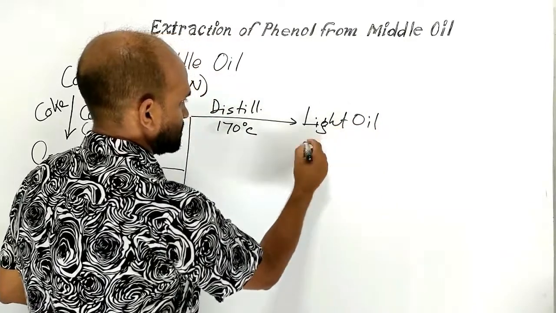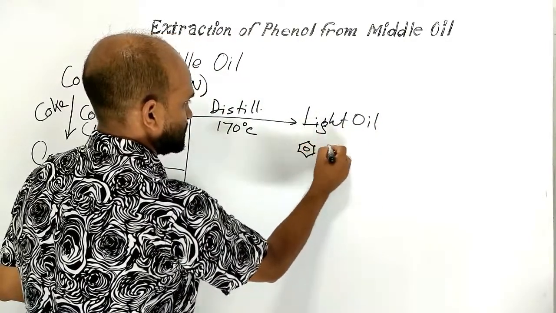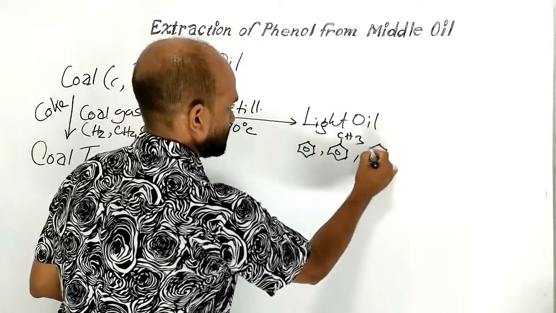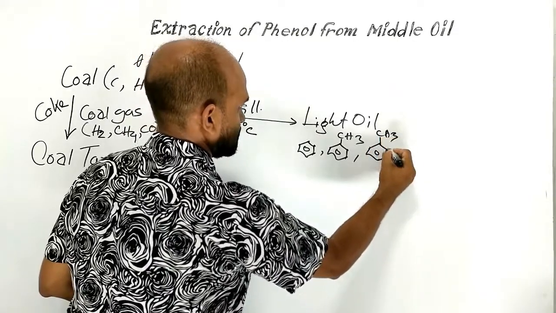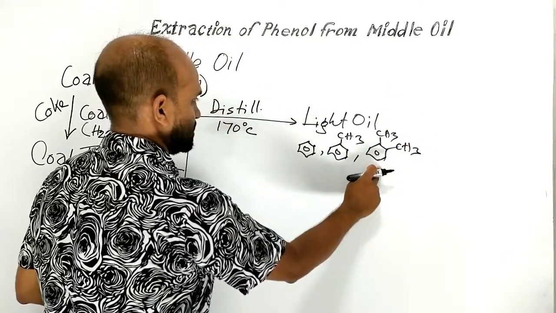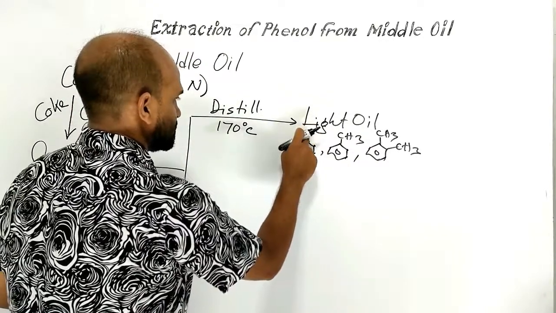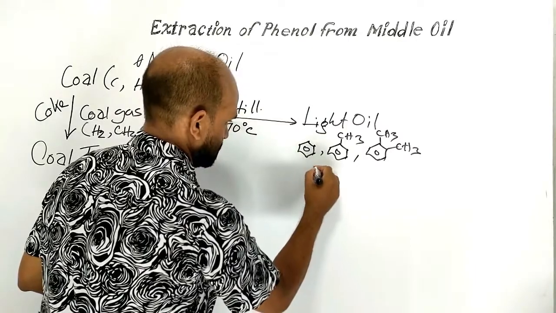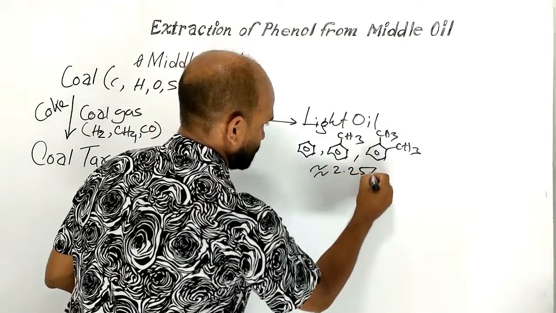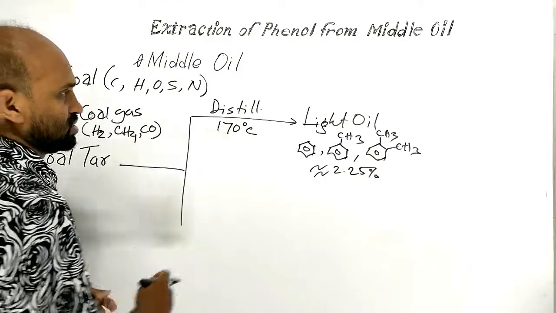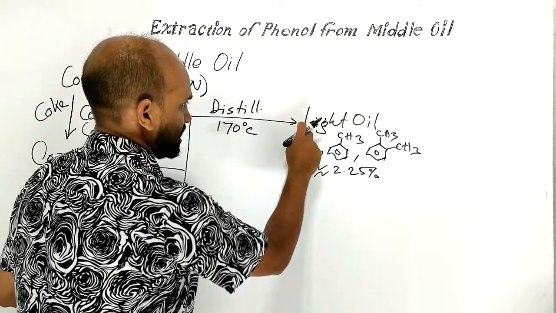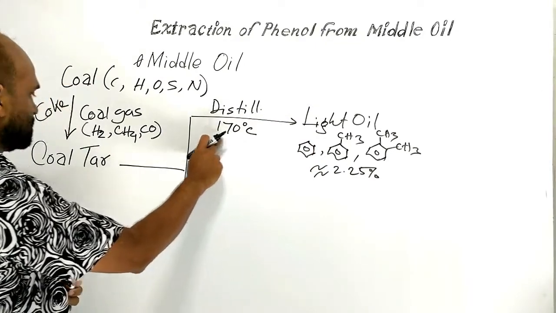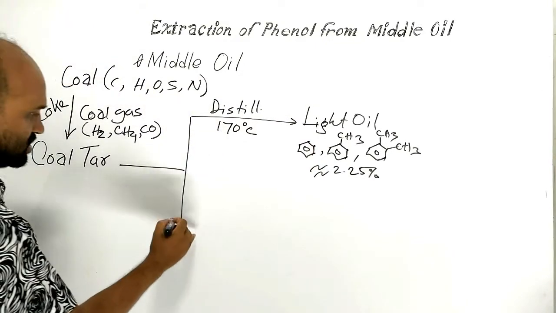Light oil contains benzene, toluene and xylene mainly. Light oil is present in coal tar at around 2.25%. So light oil is obtained as a distillate at 170 degrees Celsius temperature from coal tar.